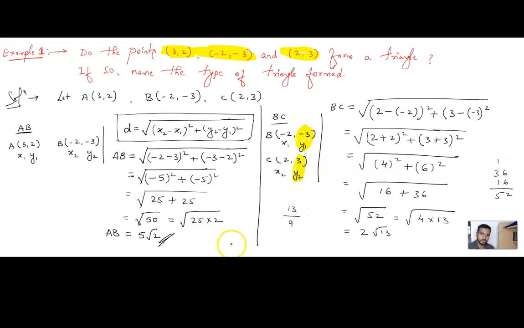No, we won't get. If you want, you can check with 4 also. 2 twos are 4, in 4 it goes? No. In 9, 3 threes are 9, it goes? No. Next 4 fours are 16. In 16 tables, 13 goes? No. So it doesn't go with any of the tables. So we can say that BC is equal to 2 root 13 units.